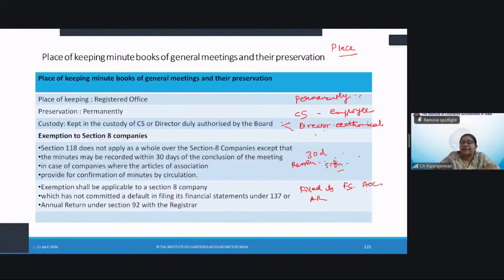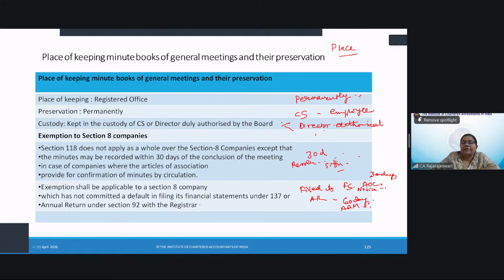Accounts of companies, wherein the company will attach the notice, director's report, auditor's report, balance sheet, P&L, cash flow statement if there is one, or schedules to balance sheet, etc. That full set should be filed with the ROC within 30 days. And annual return, we saw there is a 60 days time limit from the date of AGM. It should be filed with the ROC.